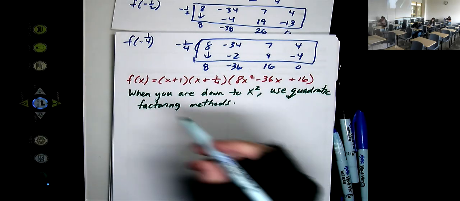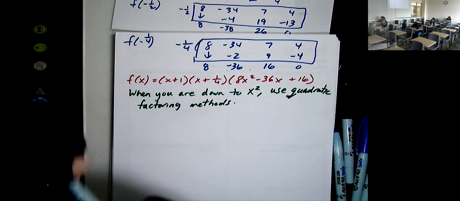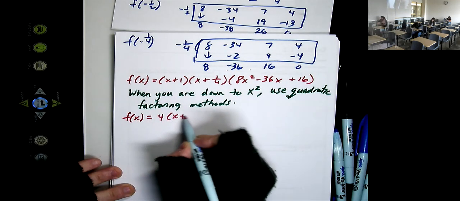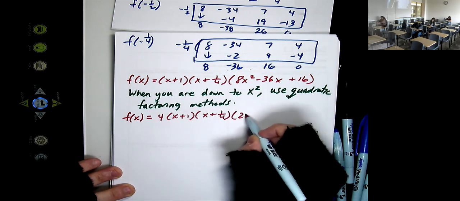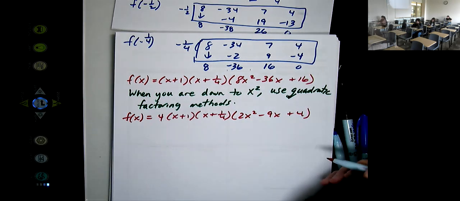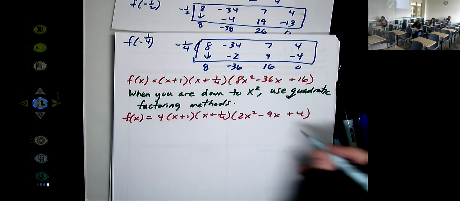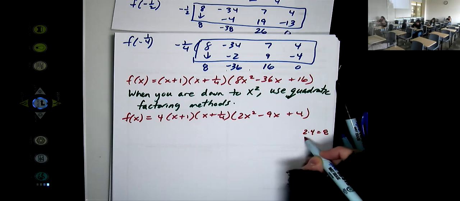I can pull a 4 out, make this a little bit easier. And I'm looking for things that multiply to 8, 2 times 4 is 8, but add up to -9. -1 and -8.